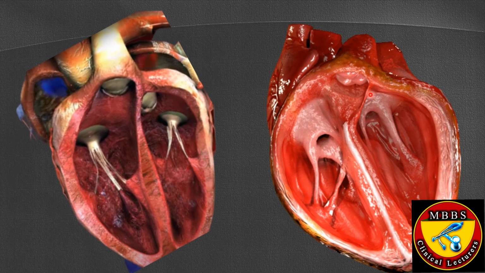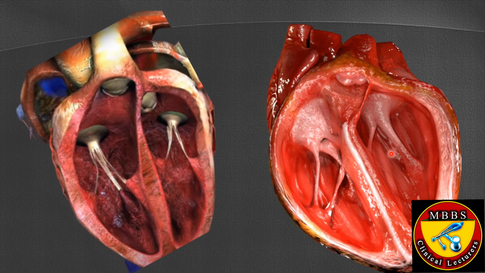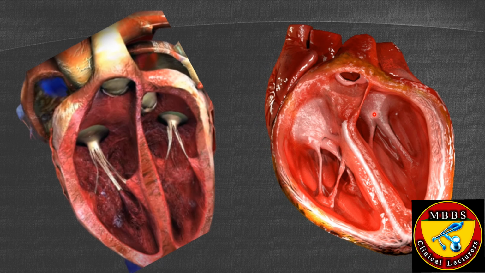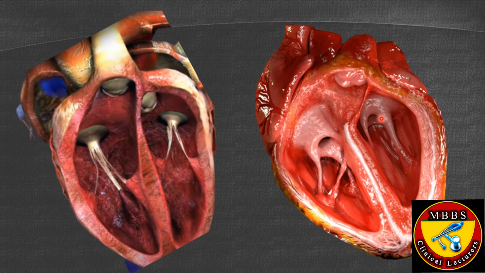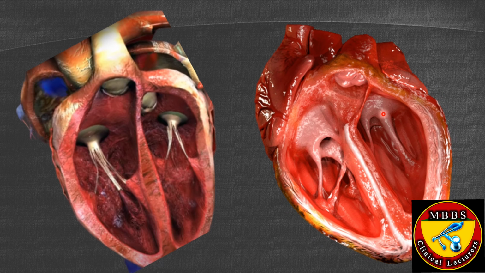It is pushing upward. So when it is relaxed, all the blood is coming down from the left atrium into the left ventricle. When it is completely filled, the pressure builds within the left ventricle, it pushes these valves and keeps them closed.